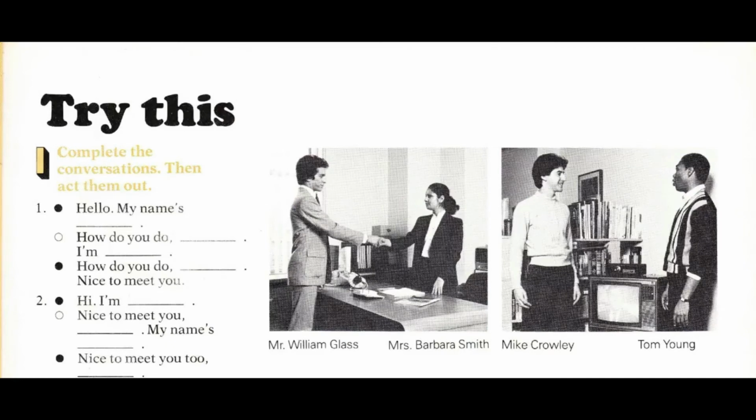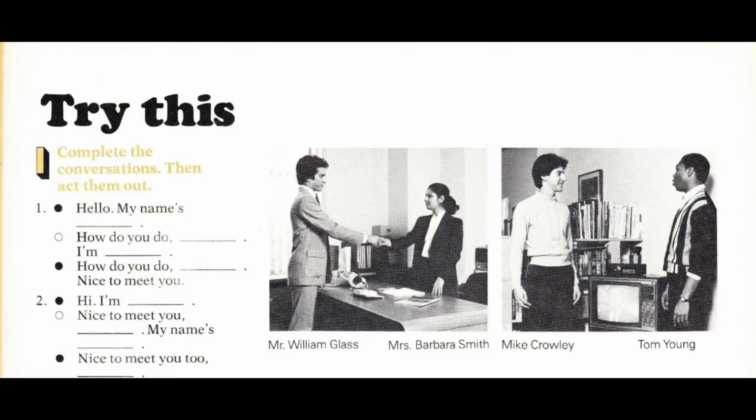Blank, I'm blank. How do you do? Blank, nice to meet you. In the blanks, we should fill in the names. So what do you think we should write? Which names should we write? Could you think about them?